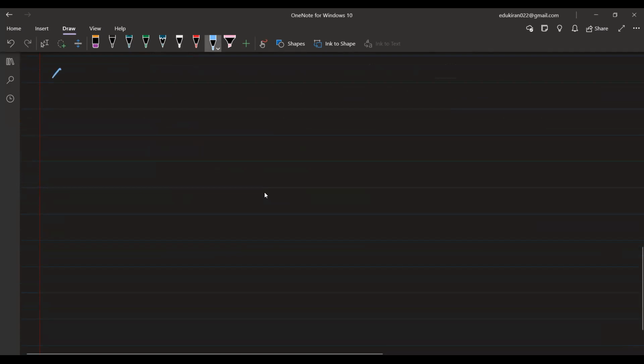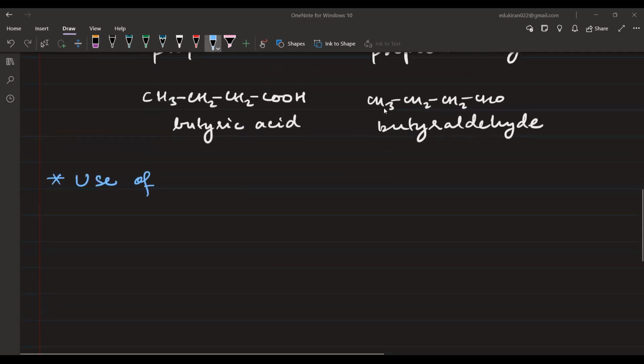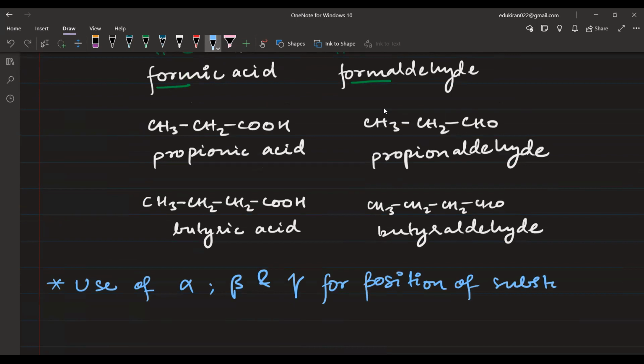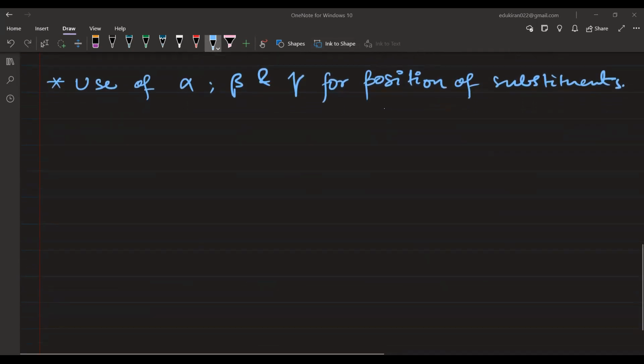Now please write: use of alpha, beta, and gamma for position of substituents. What is alpha carbon?